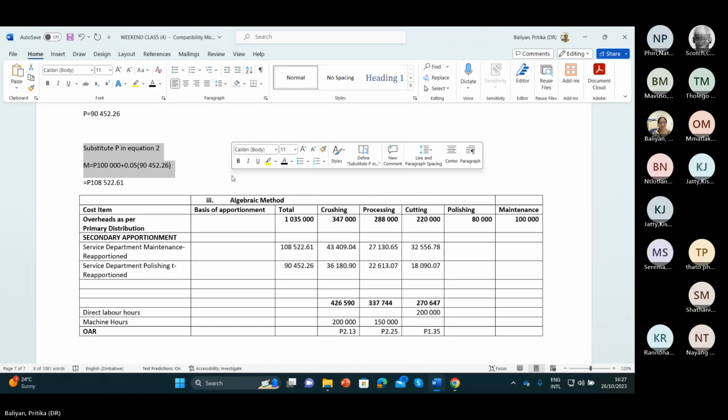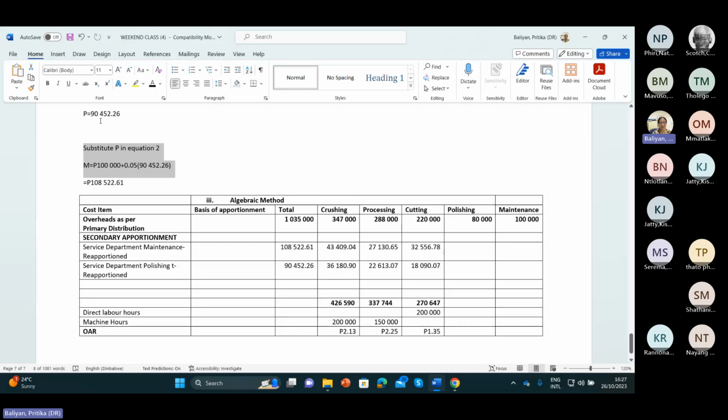All right. So after getting both figures, the cost of the polishing department, which is 90,452, and the total overhead cost of the maintenance department, because previously it was 100,000, but after adding 5% of the polishing department, the total becomes 108,522.